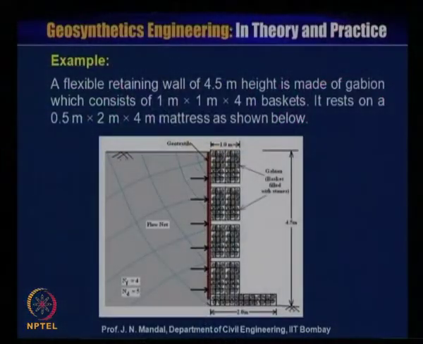Now, I will present an example. A flexible retaining wall of 4.5 meter height is made of gabion, which consists of 1 meter by 1 meter by 4 meter baskets.